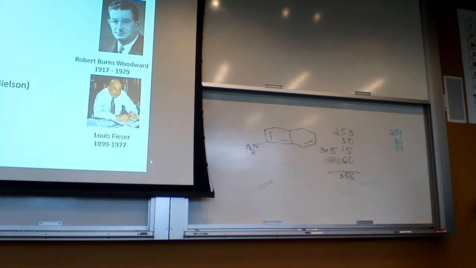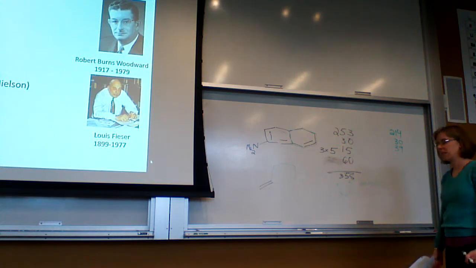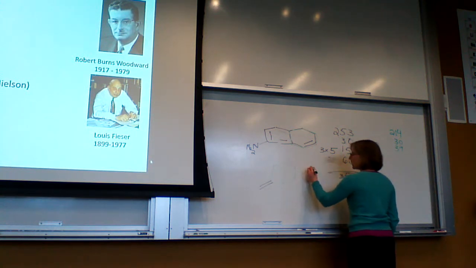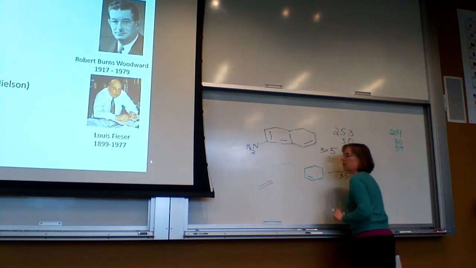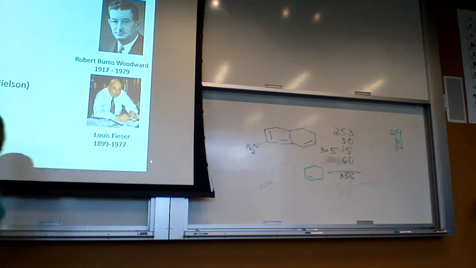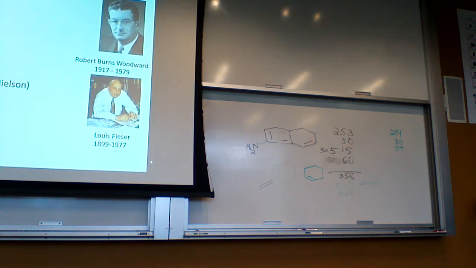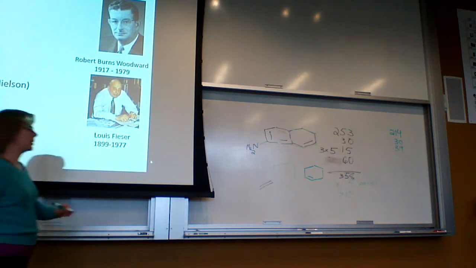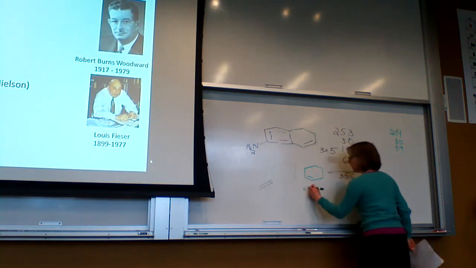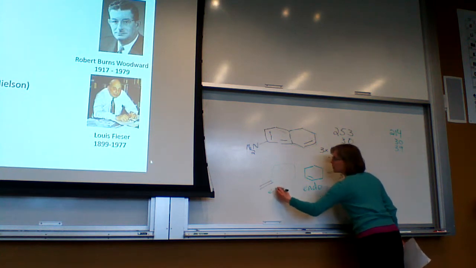I don't understand the difference between endocyclic and exocyclic when it's either or. Trying to think if there's another place mentioned in those rules. Okay. This is considered endocyclic, and this is considered exocyclic.